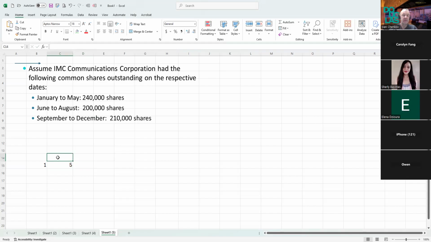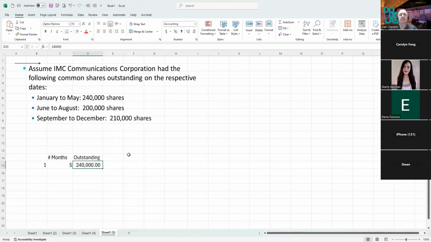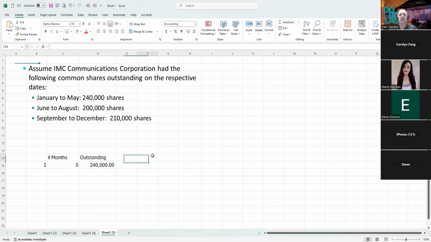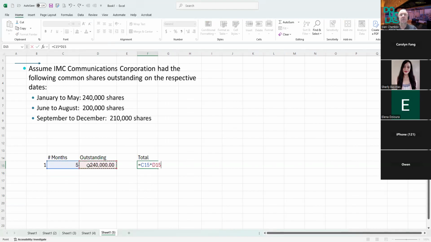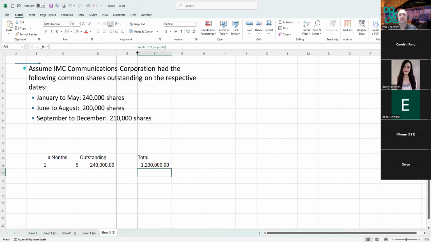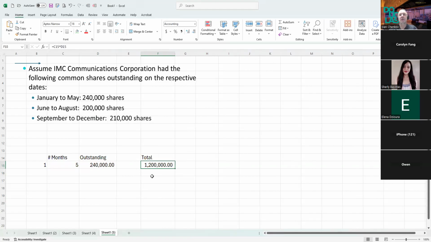We multiply the number of months by the number outstanding. So that will be 5 times 240,000, and for those 5 months we have 1,200,000.